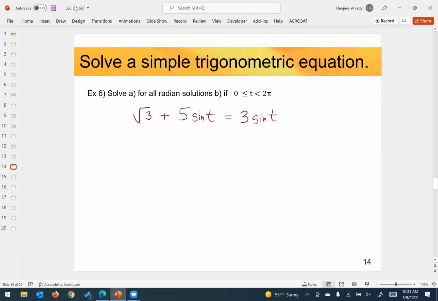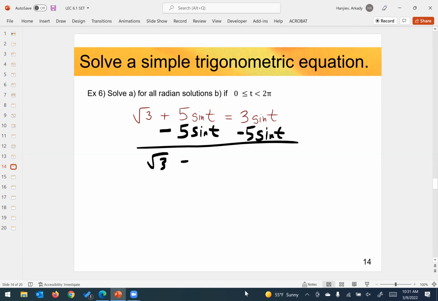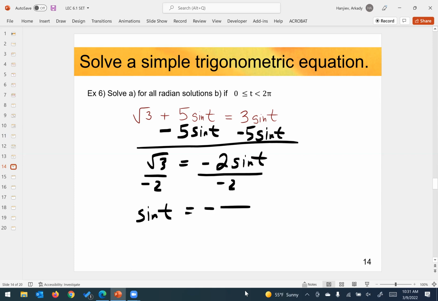We're just trying to get sine t by itself somewhere. I got a √3 is equal to a -2 sine t. Divide through by -2, and I'm going to put the sine t on this side because I like it better here. So I have -√3 over 2.